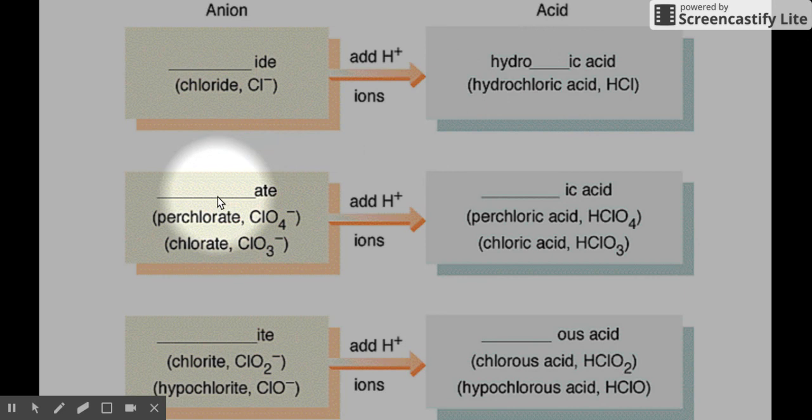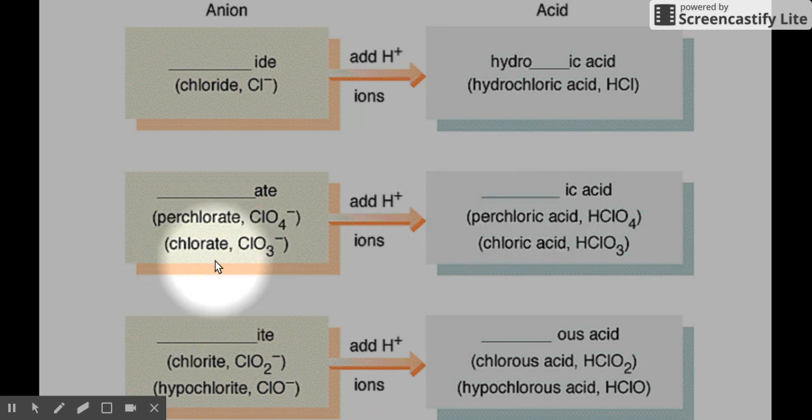For the second category, ternary acids, if your polyatomic ion ends in ATE, such as perchlorate and chlorate, add H plus to it. When you crisscross the oxidation numbers, perchlorate and H plus become HClO4. Change the ATE of perchlorate to ic and then add the word acid. So HClO4 is named perchloric acid.